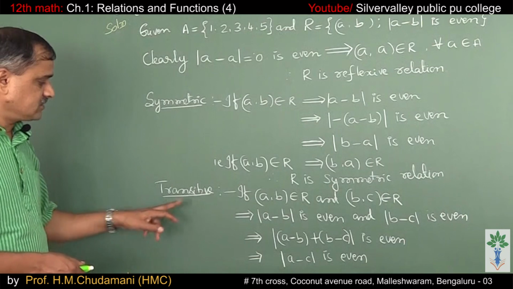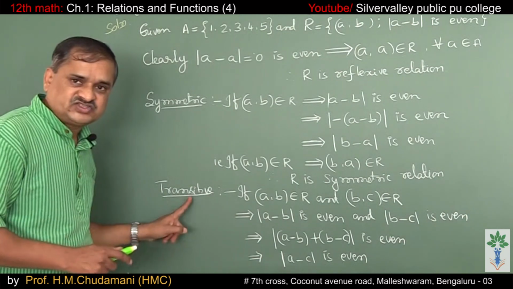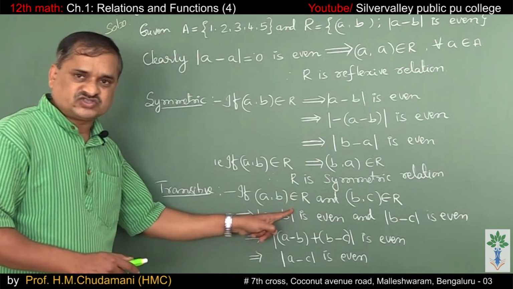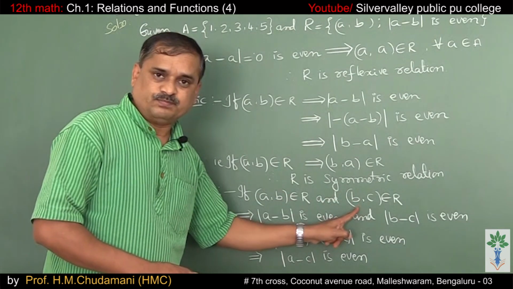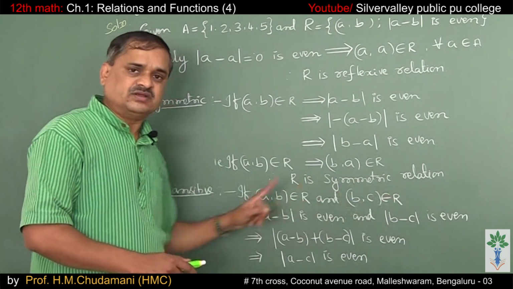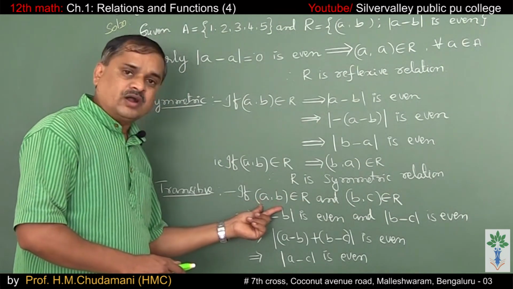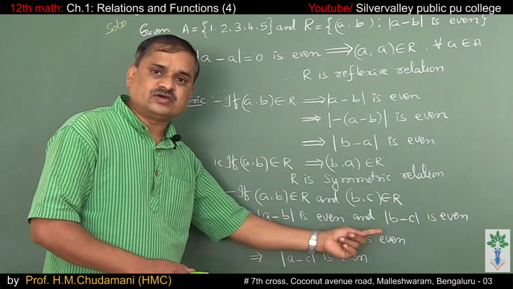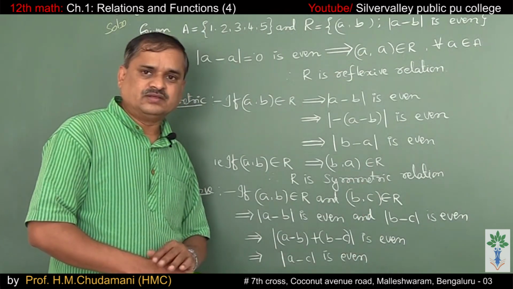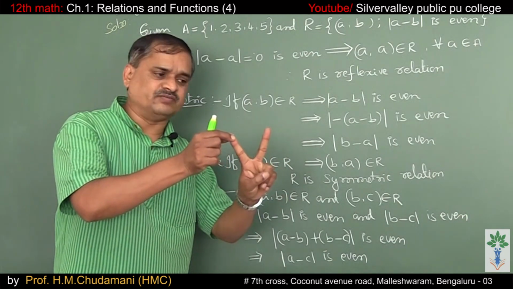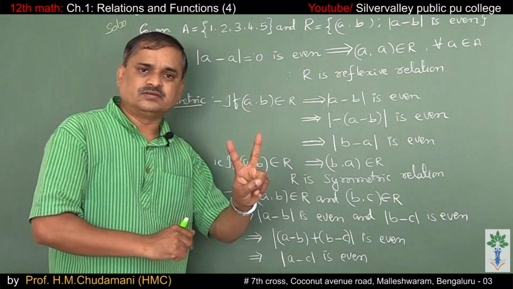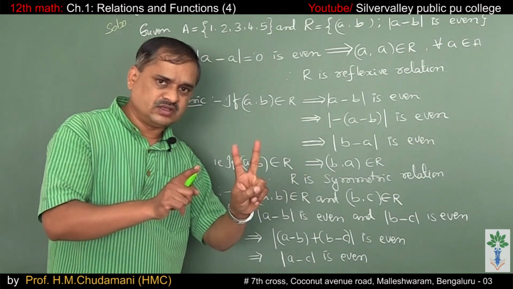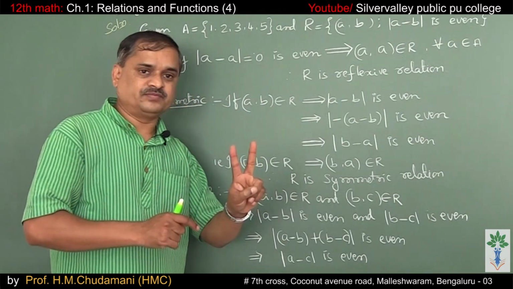Next, let us check the transitive relation. If (a, b) belongs to the relation and (b, c) belongs to the relation, this means modulus of a minus b is even and modulus of b minus c is also even. Let us take 2 is even, 4 is even. 2 plus 4, which is 6, is also even.